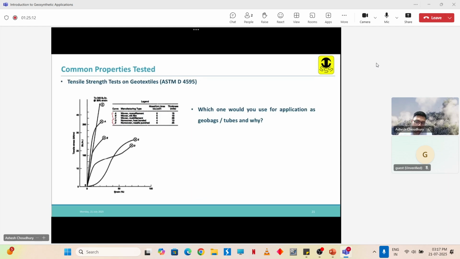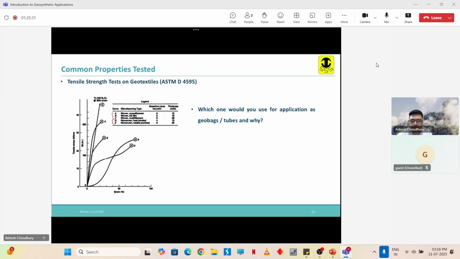So which group of geotextile would you prefer for the application of geobags or geotubes, and why? Whether it will be ABC or whether it will be DE. Just think for a minute.